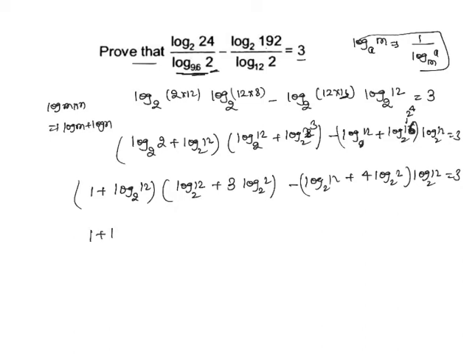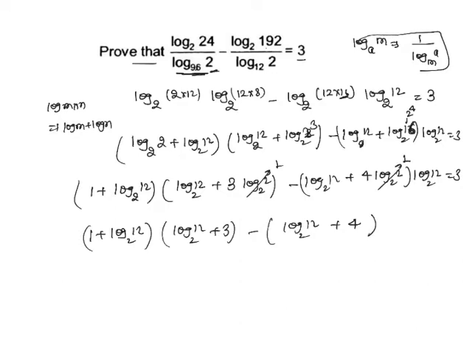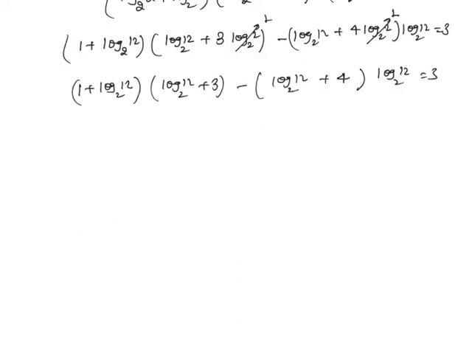So 1 plus log 12 base 2 as it is, this is 1 log 12 base 2 plus 3 only, this becomes 1 minus log 12 base 2 plus 4 log 12 base 2 equals 3. Now if we multiply these two, what will come? 1 plus log 12 base 2 into log 12 base 2.